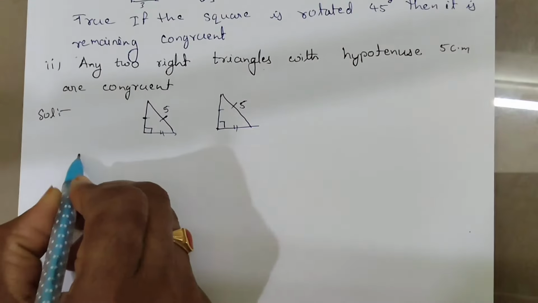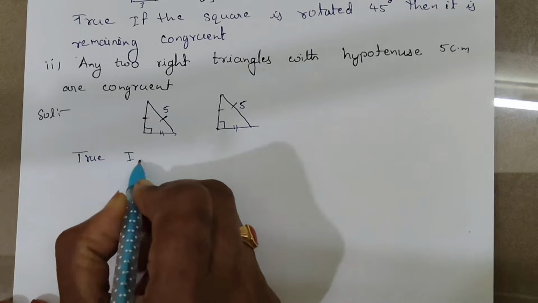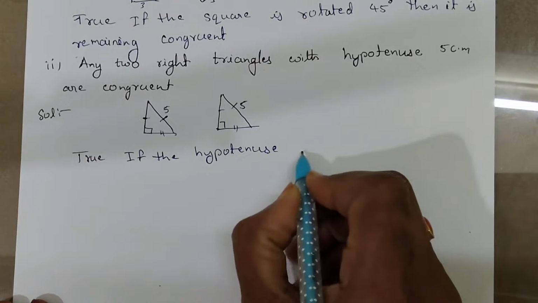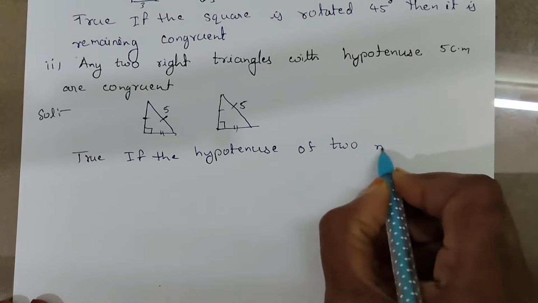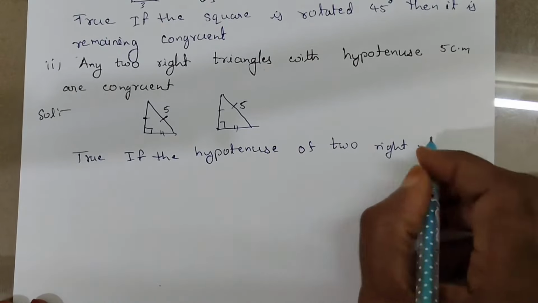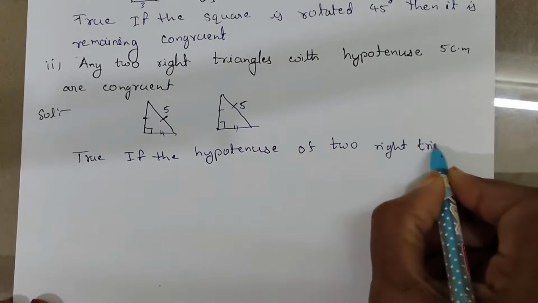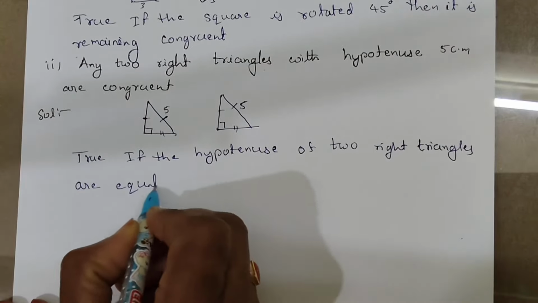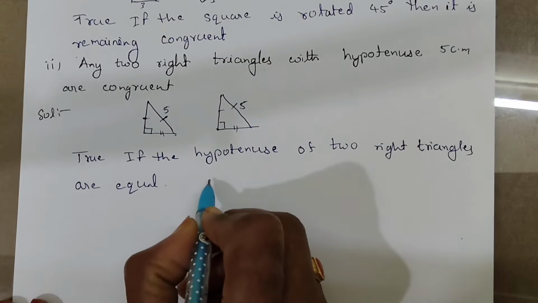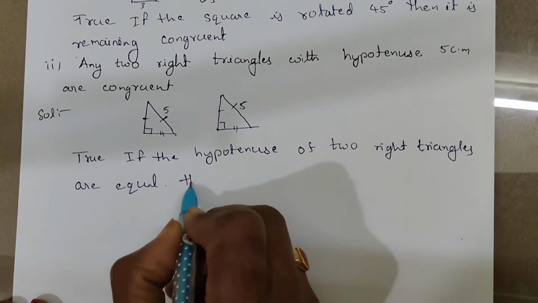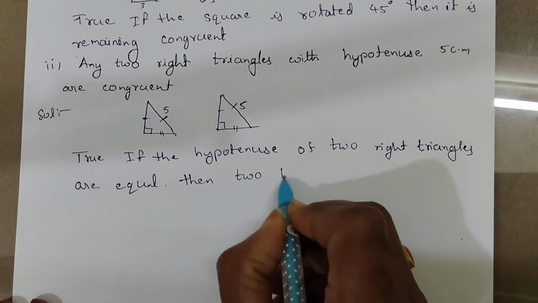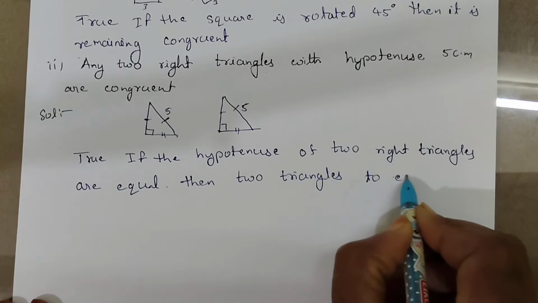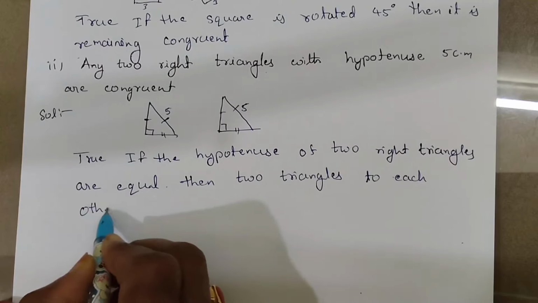So now here, true. If the hypotenuses of two right angle triangles are equal, then the two triangles are congruent to each other.